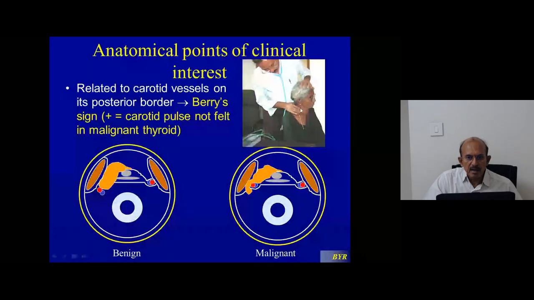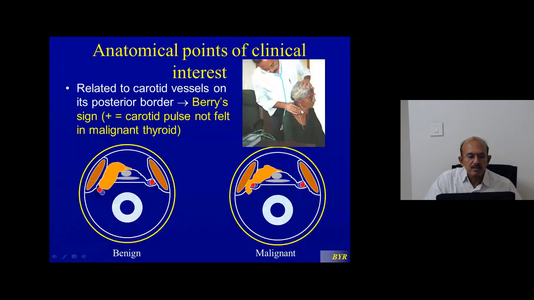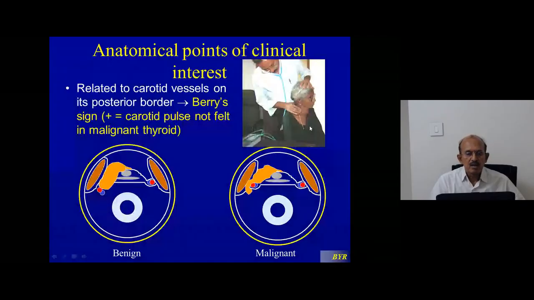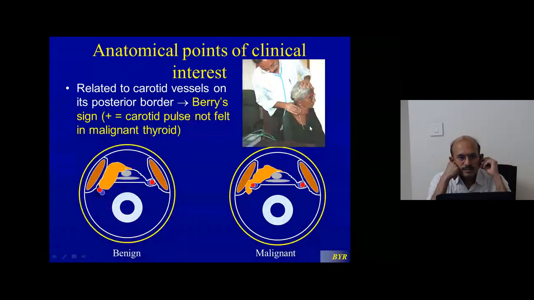My fingers are situated just behind the posterior border of the thyroid gland swelling. And you feel the pulsations. If you can feel the carotid pulsations for a swelling of the thyroid gland, what is your clinical judgment? If you can't feel the pulsations, then what is your conclusion? Pulsations are felt means what?